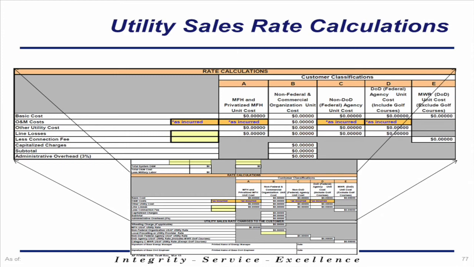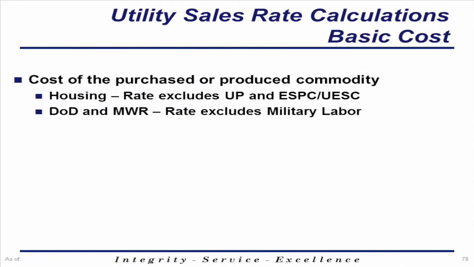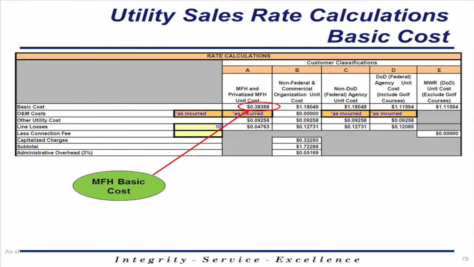This is the lower section, or the rate calculation section of the form. The basic cost is the cost of a purchased or produced commodity. A couple things to note: for housing, that rate excludes any UP and ESPC UESC costs. Also, as we've discussed previously, the DOD and MWR rates will exclude military labor.